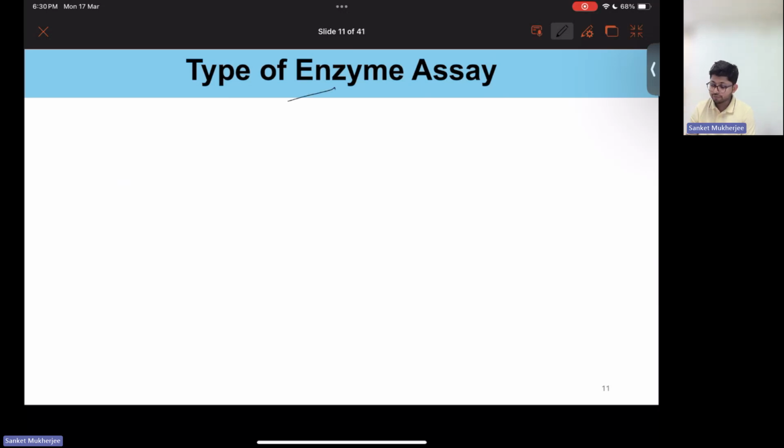I'm talking about the type of enzyme assay. It could again be of multiple types. So it could be direct continuous assay.